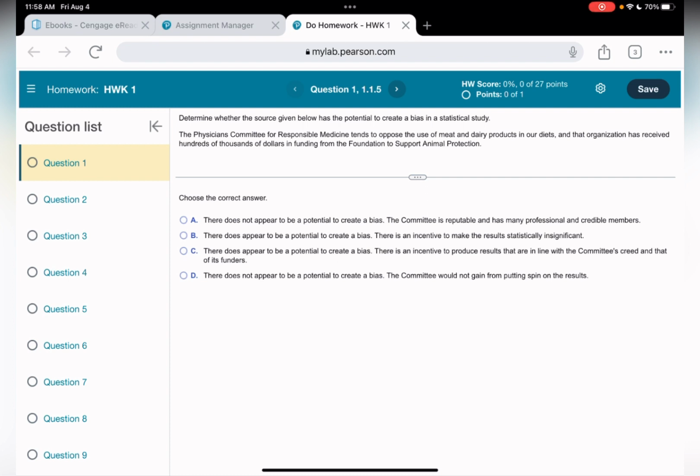All right? So with that said, we can start doing our homework and see where we go from here. Since there are several questions regarding potential to create bias, I will solve a couple and the rest I will let you finish, because usually in my MyMathLab homeworks are changing, giving different cases, but with these problems for some reason they don't change.